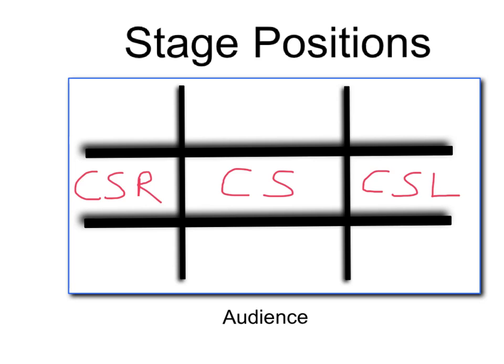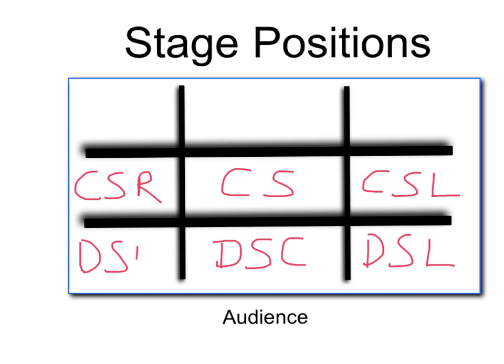Now if the actor moves downstage, okay, we can say that they move downstage, but they're in a particular area. So we can say they actually move downstage centre. That makes it easier to remember exactly where it is. If they move downstage left, then we can write DSL, or downstage left, and similarly downstage right becomes DSR.